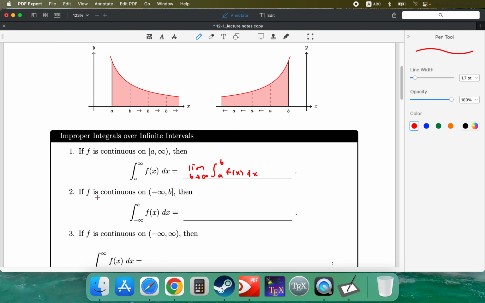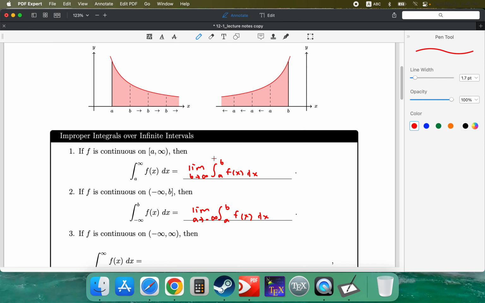Similarly, if you want to integrate from negative infinity to b, that is the case when f is continuous on the interval from negative infinity to b. Then we will need to integrate f from a to b as well, and with that, a goes to negative infinity.